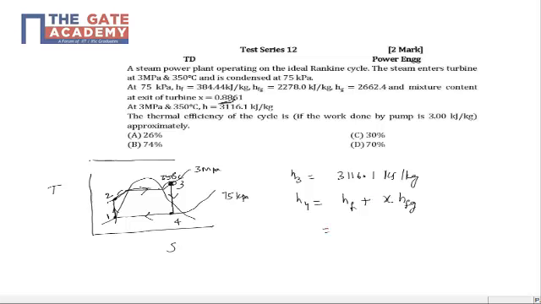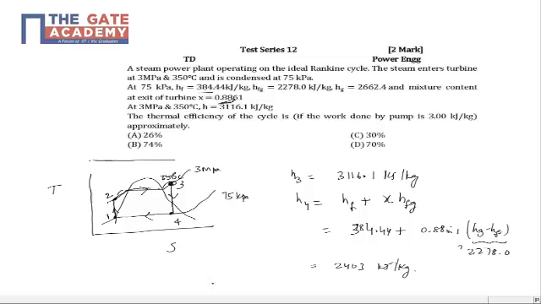Now the dryness fraction is already given. hf at 75 kPa is already given, 384.44, plus the dryness fraction 0.8861 times hfg, which is directly given as 2278. So this value H4 comes out to be 2403 kilojoules per kg. So we got H4 also.